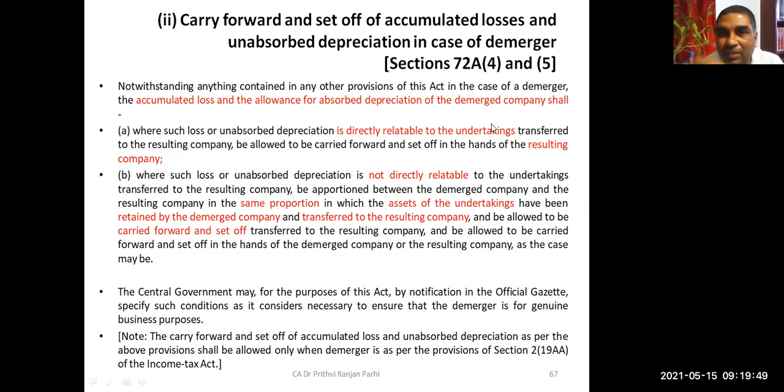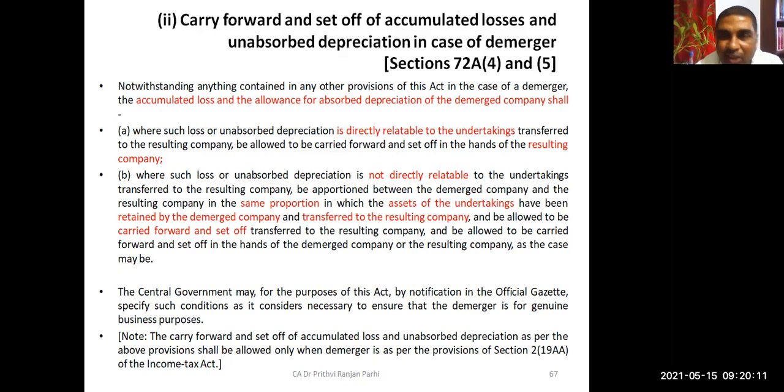Okay, undertaking means, let us say there is a company doing two different businesses. One is garment business, second is cement business. Or, let me take a different example. One is software business, next is cement business. And they split into two different companies: software, one company; cement, one more company.